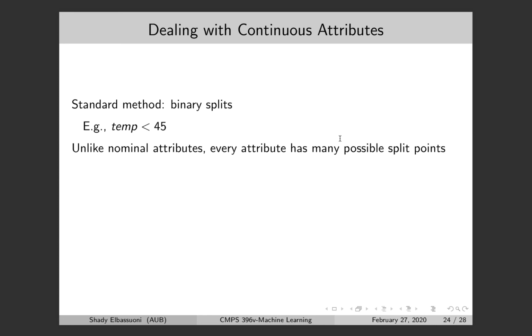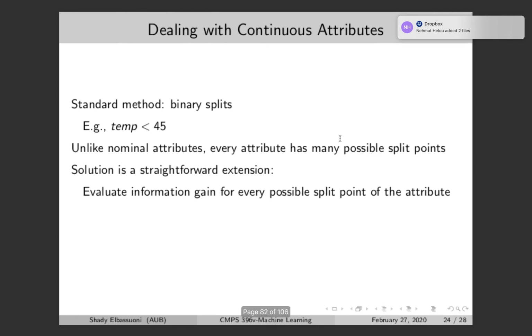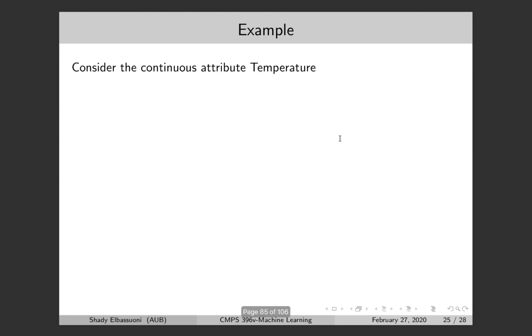However, unlike nominal attributes, every attribute has many possible split points. So the solution is a straightforward extension. Evaluate information gain for every possible split point of the attribute. Choose the best split point. Computationally more demanding, of course. But let's look at an example.